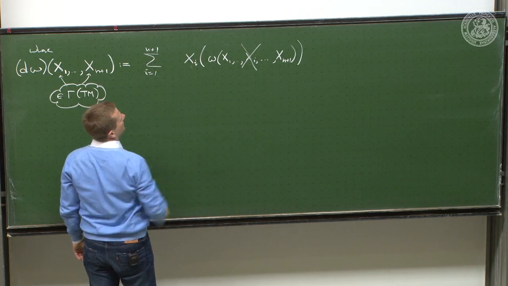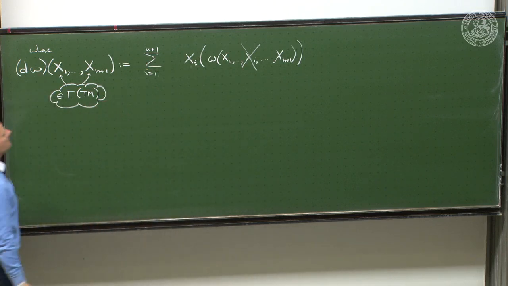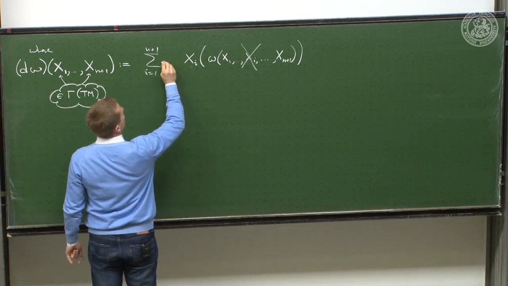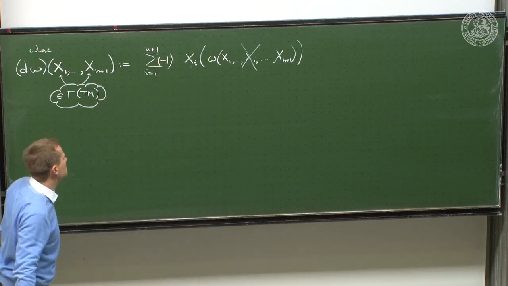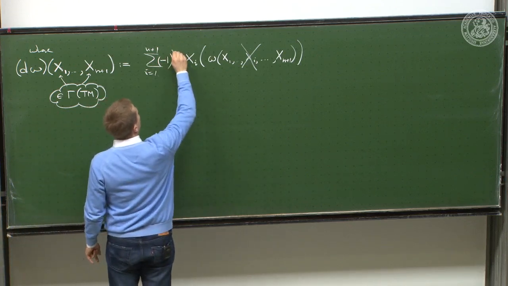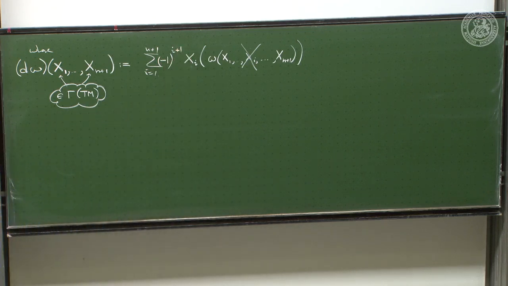So I sum over all of these, but I want this thing to be a form again, so it needs to be anti-symmetric, and in order to ensure this, I have to put a minus sign occasionally, and I put a minus sign with the power i plus 1. That's what I want, precisely.